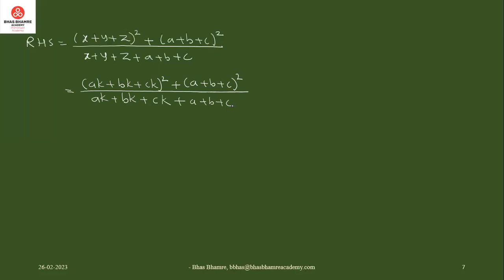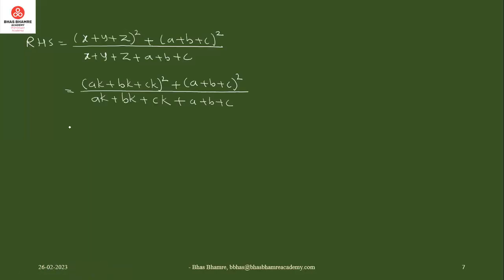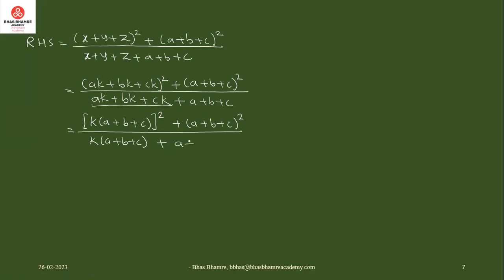So we have here, from the first bracket, we can take k common. k in bracket a plus b plus c and that whole square, plus here a plus b plus c whole square, totally upon k can be taken common from this in bracket a plus b plus c, and plus next is a plus b plus c.